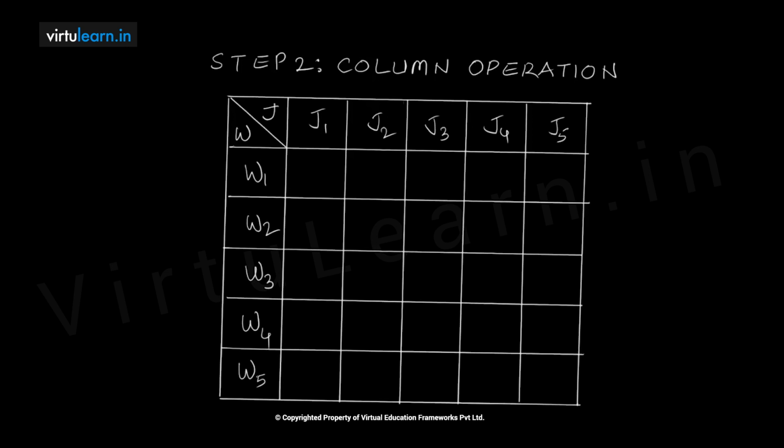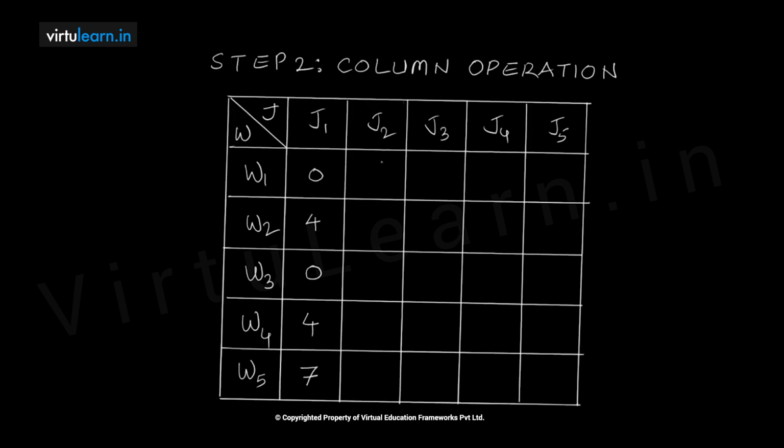So in the first column under job 1, or J1, the least element in the column is 0. So we will put 0 itself. 4 minus 0 is 4. 0 minus 0 anyhow 0. Again 4 minus 0 is 4. 7 minus 0 is 7.